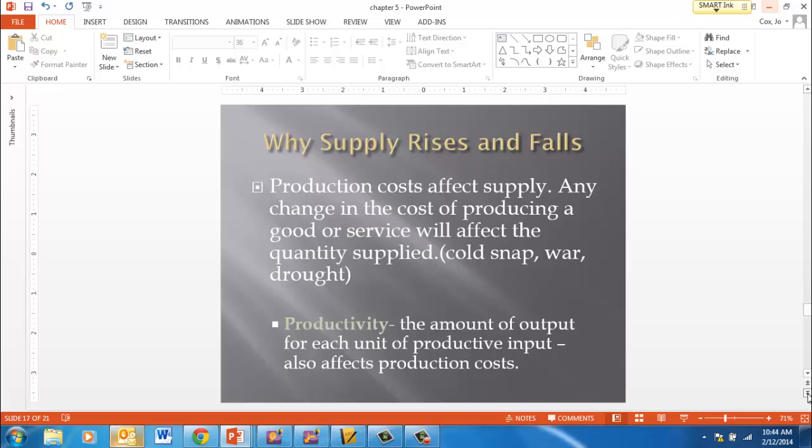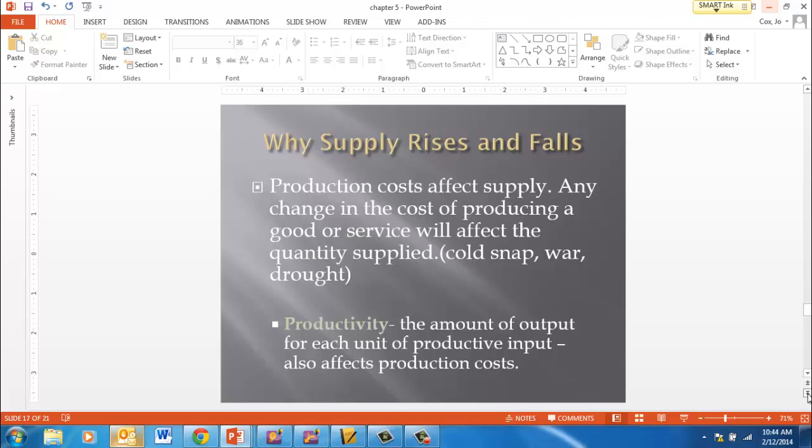Well, when we looked at demand, we looked at consumers and how they react to a price change. When we're looking at supply, we are looking at producers, suppliers. And what we're looking at here is, is there a change in the cost of producing a good or service?